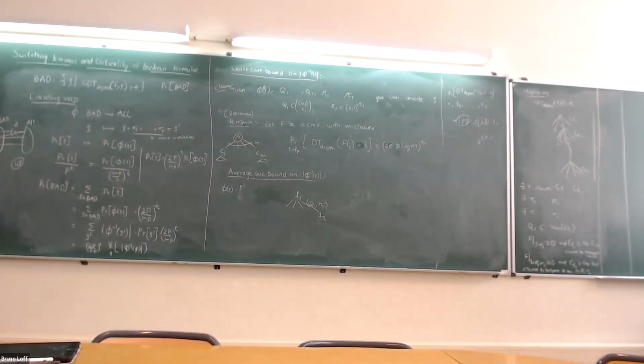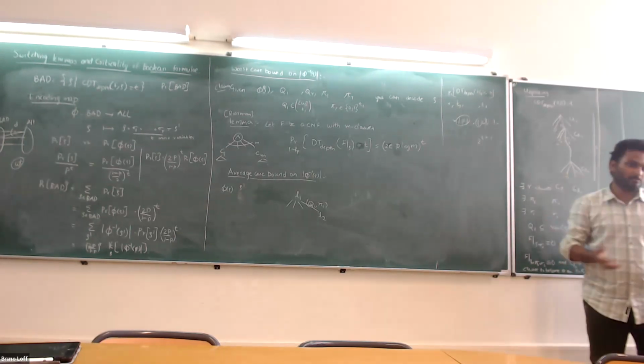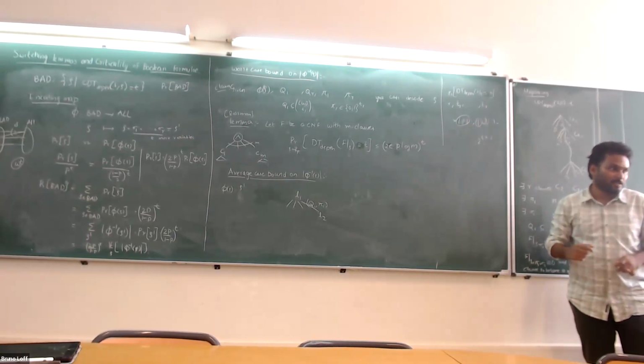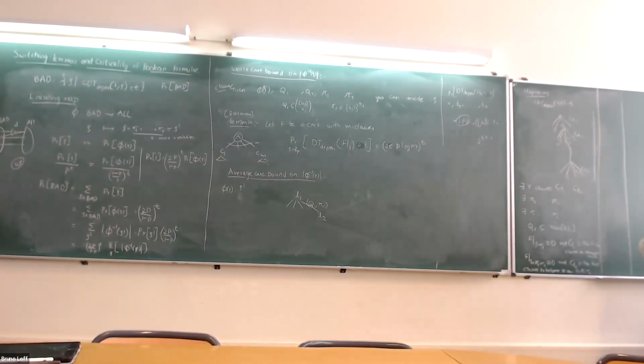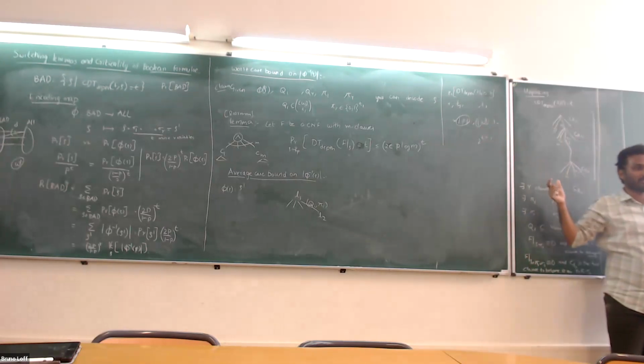You can keep the number of mistakes as the number R. If you fix R, how many ways are there to partition it into R sets?